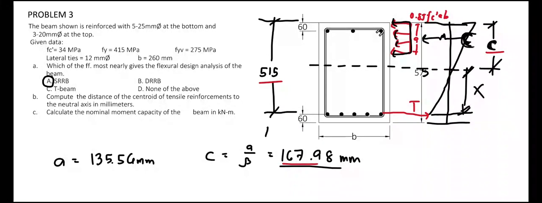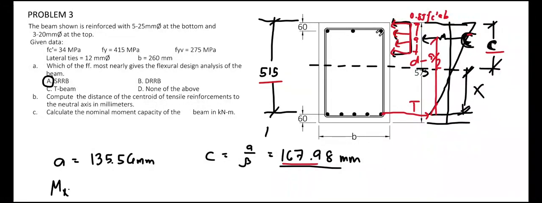This is capital C, which represents the resultant compressive force due to this stress block, and the distance between the tensile force T and the compressive force C is equal to the effective depth d minus half of the height of the compression block, that is a over 2. And to compute the nominal moment, we can take summation of moments along the tensile force or the compressive force. To simplify our calculation, we can take summation of moments along the direction of the compressive force.